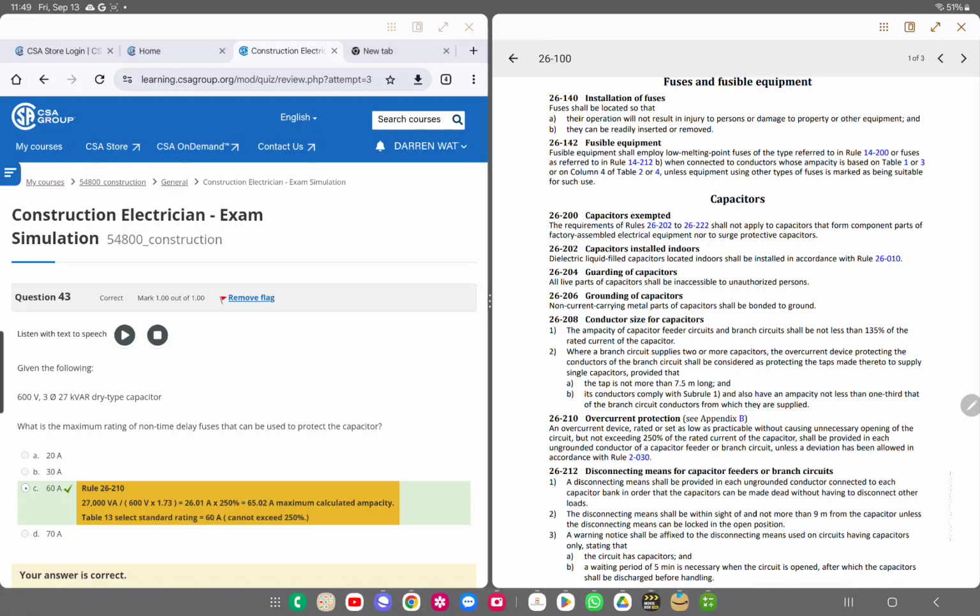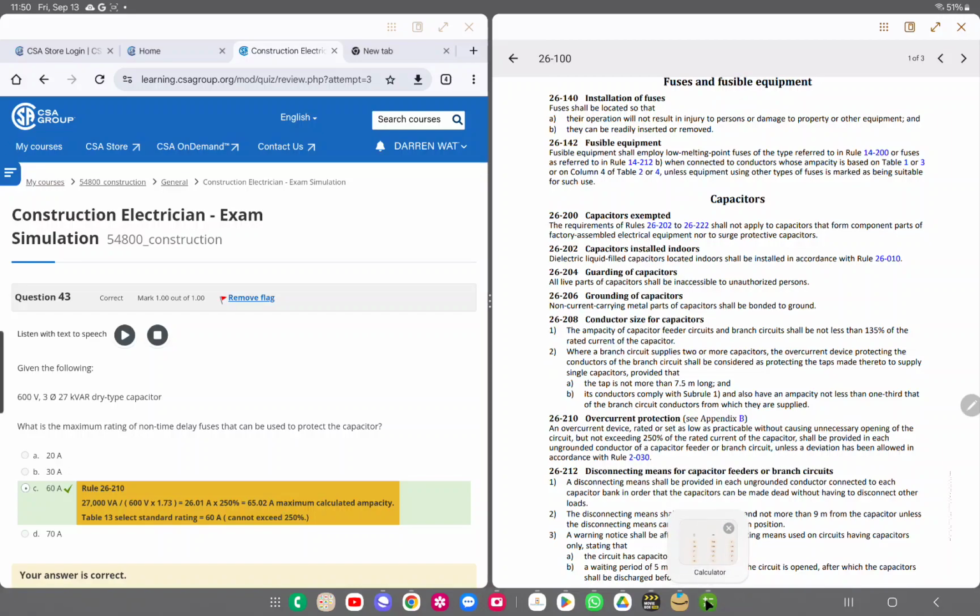So we got 27 kVAR, which is dirty power. We're talking about capacitors, reactive power. It's basically watts, but it's reactive. So we got kVAR, which is our power. 27,000 divided by 1039.